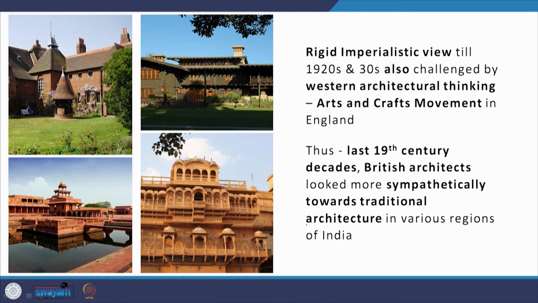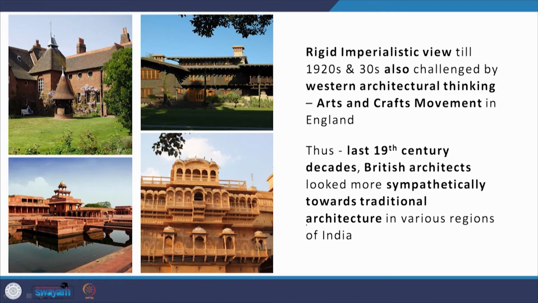Now just to go a little ahead, in the 1920s and 30s, this rigid imperialistic view that classical or neoclassical architecture was the dominant architecture of the British Raj was challenged by Western architectural thinking even in India, and that happened parallel to the rise of the arts and crafts movement in England.